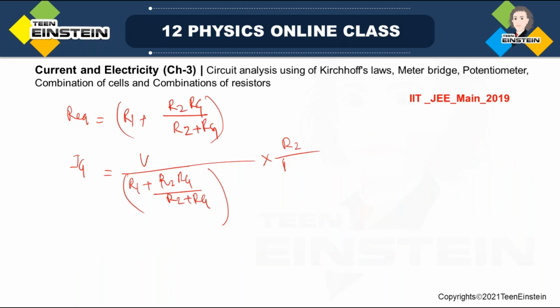So this is the galvanometer current, which I can directly write is equal to 5C theta 0.